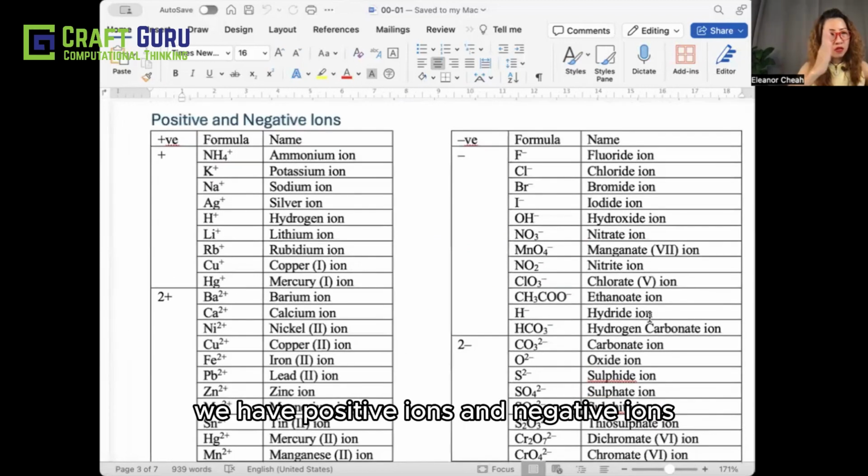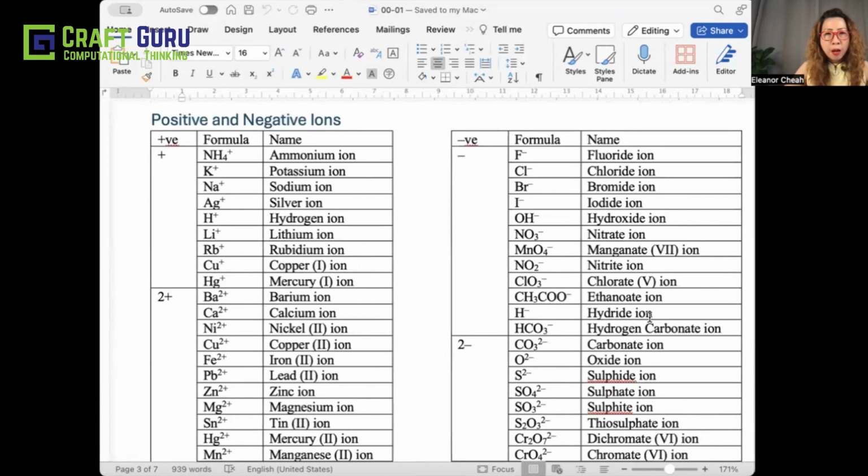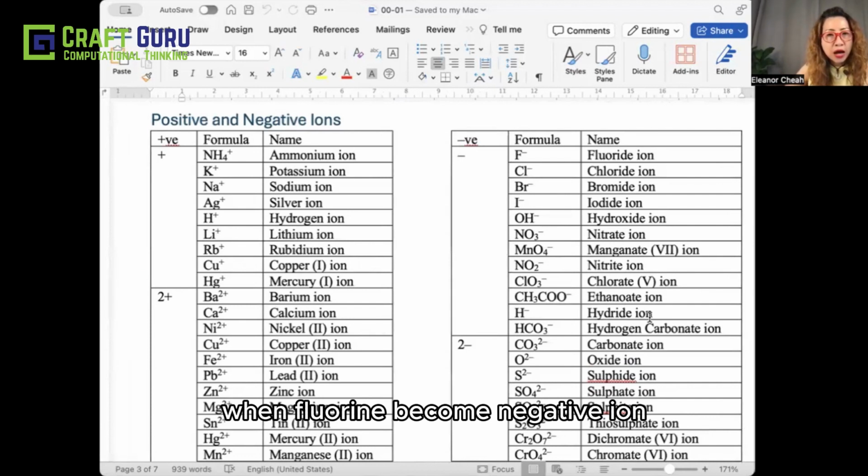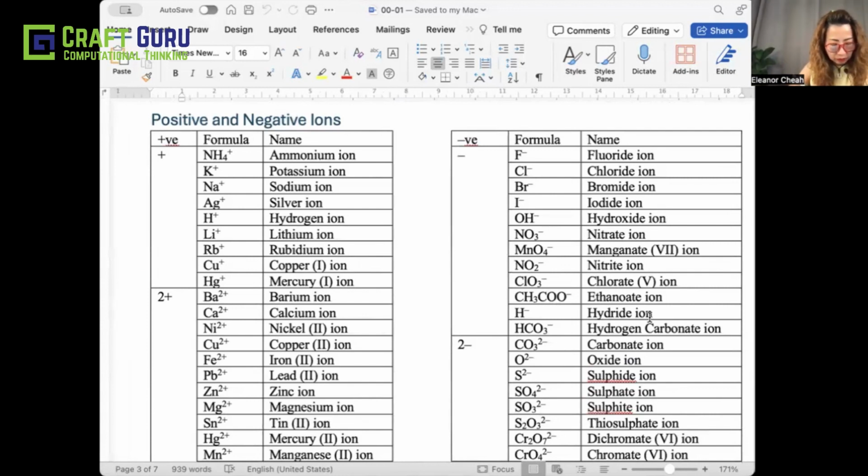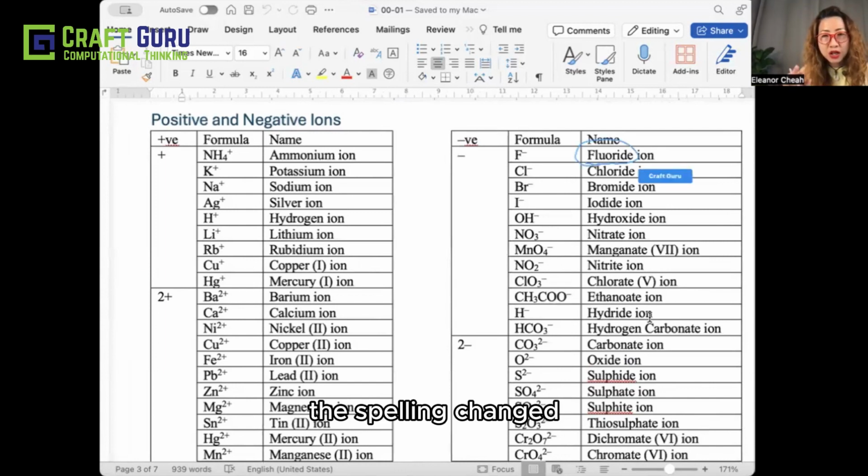We have positive ions and negative ion. Pay attention to the negative ion. When fluorine becomes negative ion, the name change to fluoride. The spelling change.